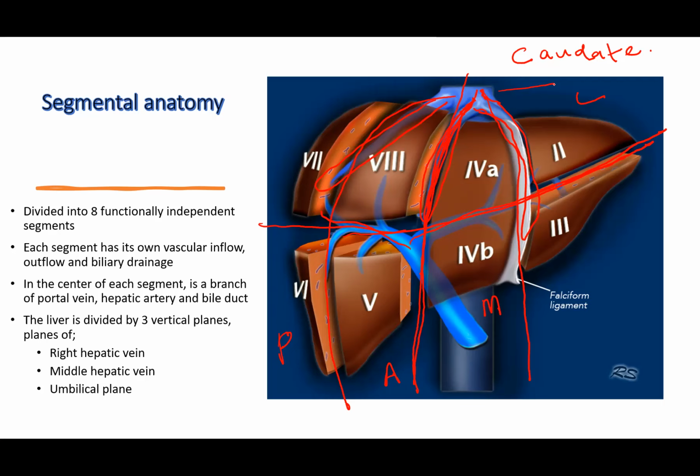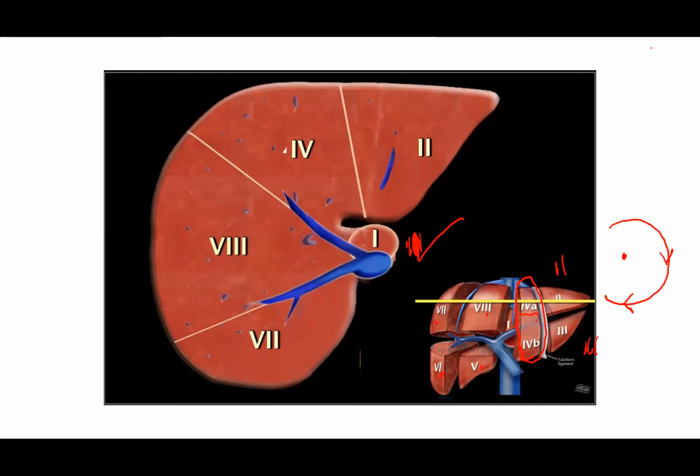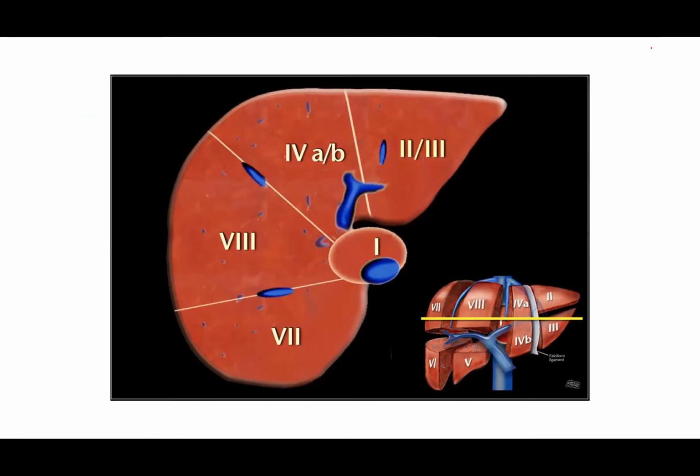And secondly, another peculiarity of this caudate lobe is that it receives supply from both the left and the right branches of the portal vein. Okay, so it can be regarded as a separate entity on its own. Segment 1.